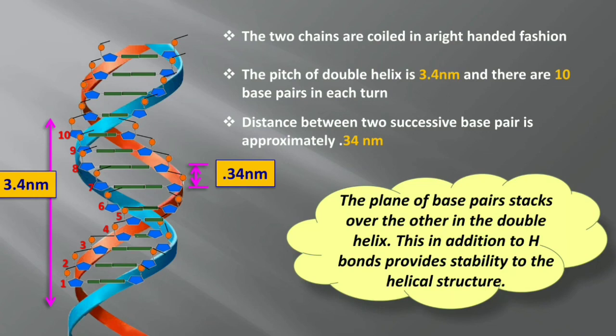Ten base pairs, and the distance between two successive base pairs is approximately 0.34 nanometer. And the last one, the planes of the base pairs stack over one another in the double helix, and in addition to hydrogen bonds, they provide stability to the double helical structure. These are the characteristic features of DNA.